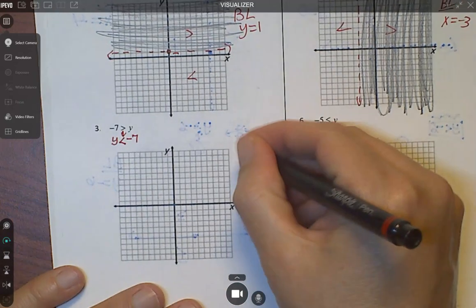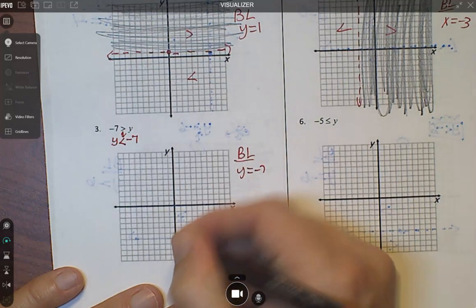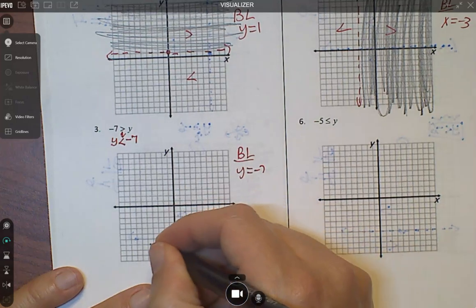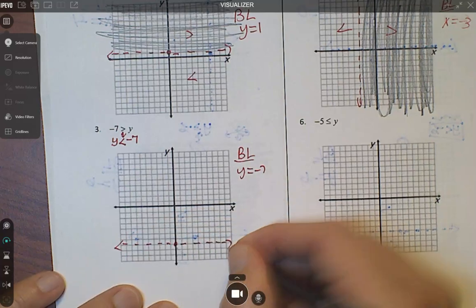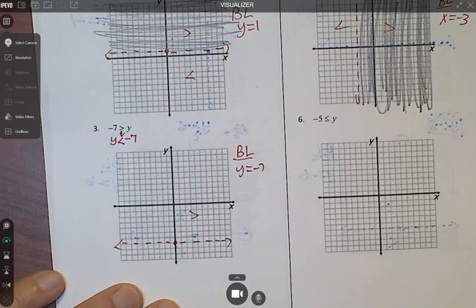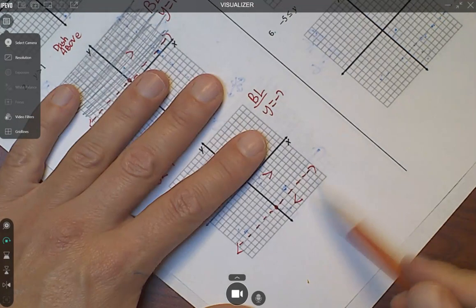So boundary line. So we're going dash. Okay, this is where y's get bigger. This is where y's are smaller, so we want to shade down.